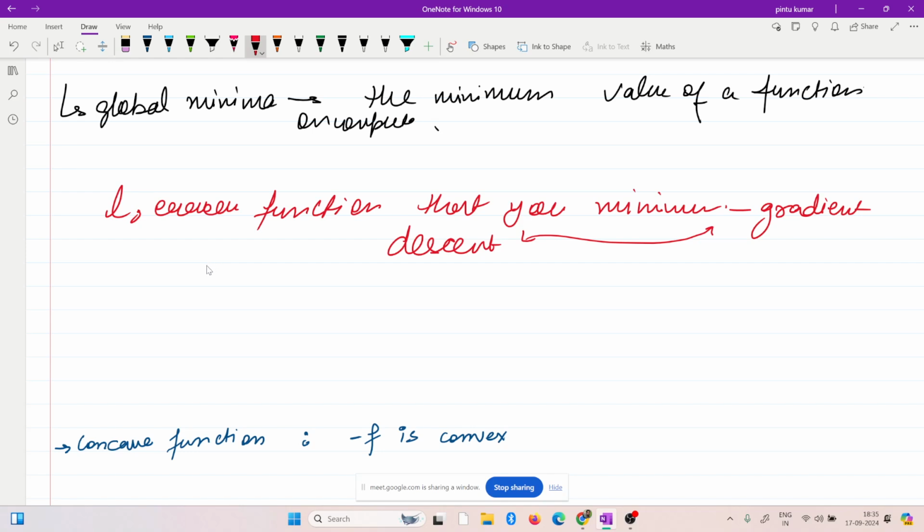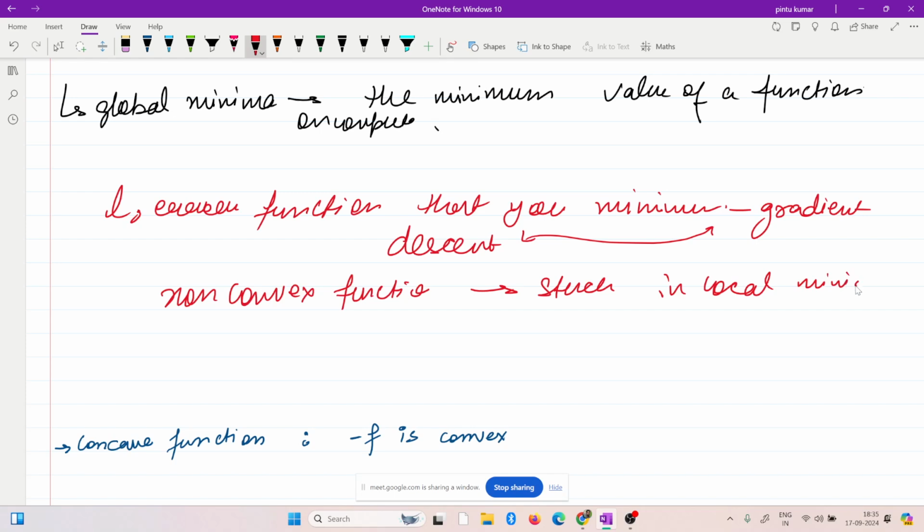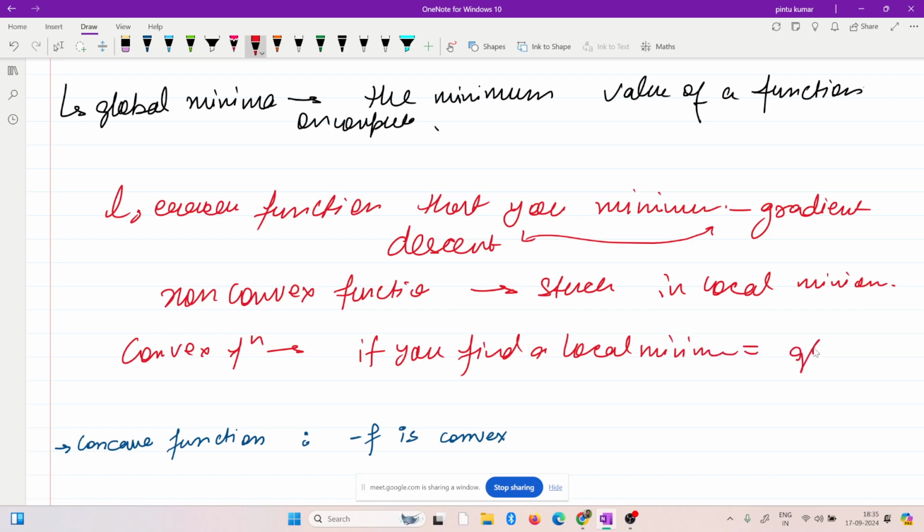So if you have a non-convex function, a function which is not convex, then you might get stuck in a local minima. And if you have a convex function, if you find a local minima, that is guaranteed to be a global minima.